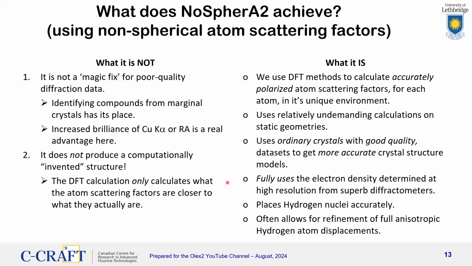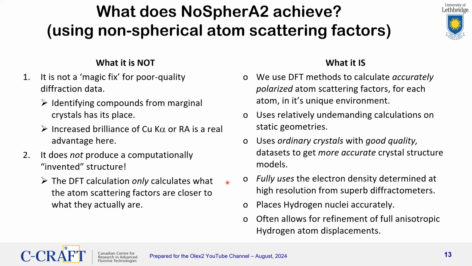The independent atom model must place the hydrogens deliberately in the wrong position, because the theory demands that the nuclei be at the center of a spherical electron density distribution. And no bond to hydrogen obeys that rule.